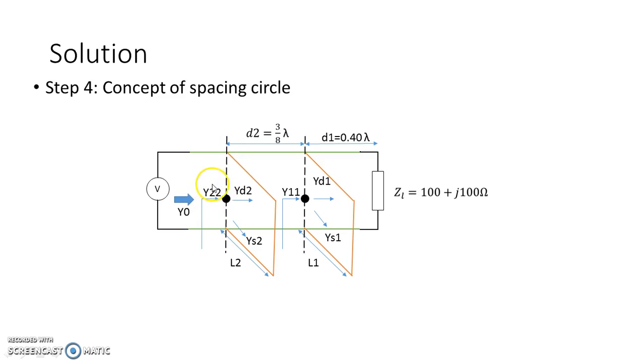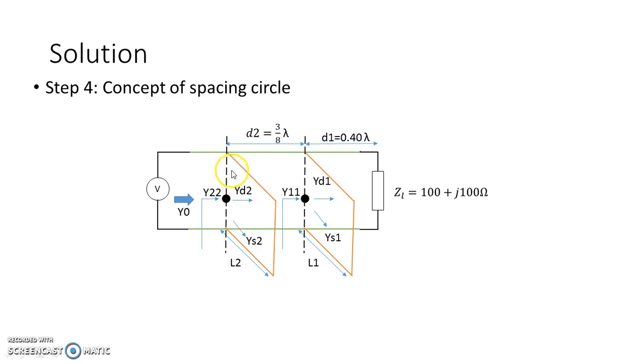And Y22 should be such that after it I have reached the center of the Smith chart, which means I am already in a matched condition. That means Y22 should be on a unit circle, isn't it? Because once I am done with Y22, I am already matched, that is, I'm at the center of the Smith chart after stub 2.